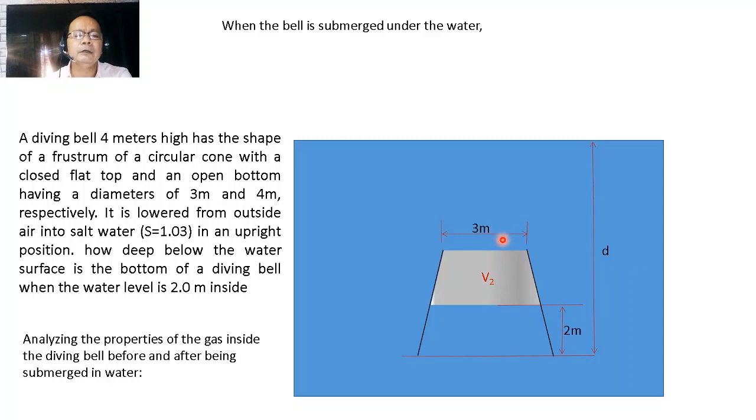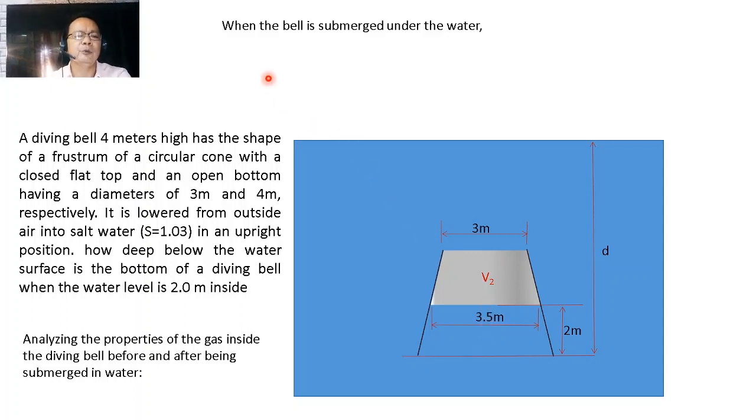The diameter of the bell remains at the top at 3.0 meters, while the diameter at this part of the bell, which is halfway from the top and the bottom, will be equal to 3.5.